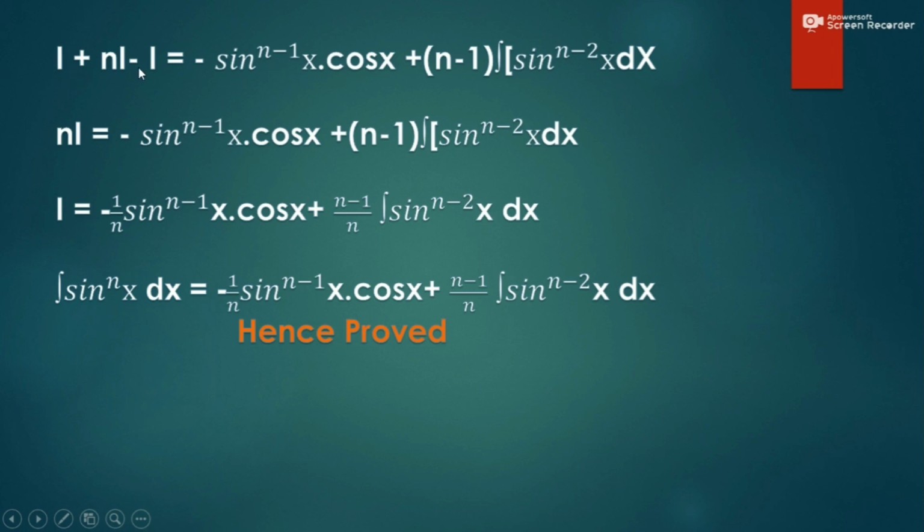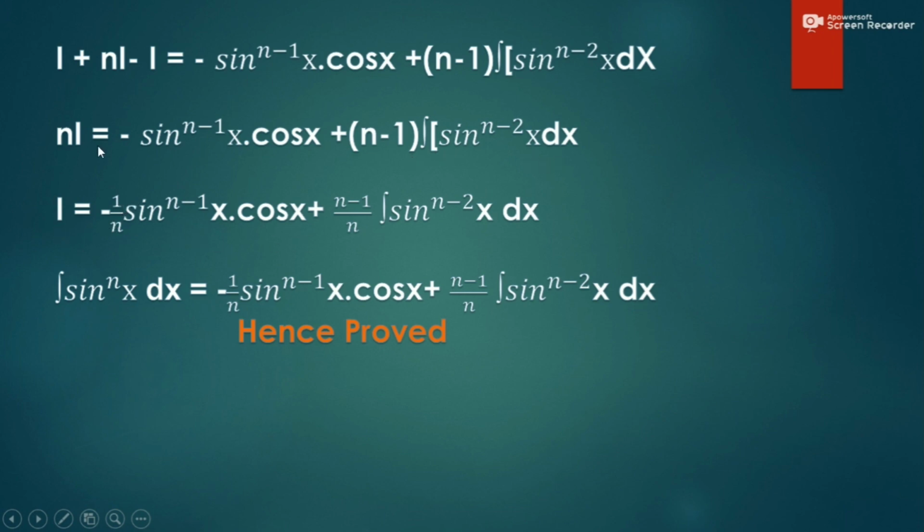Therefore I plus n I minus I is equal to minus sin n minus 1 x cos x plus n minus 1 integral of sin raised to n minus 2 x dx. The right hand side remains as it is; the only calculation is that we multiply the bracket by I. Then plus I minus I cancels, so only n I remains. So n I is equal to minus sin raised to n minus 1 x into cos x plus n minus 1 into the integral of sin raised to n minus 2 x dx.